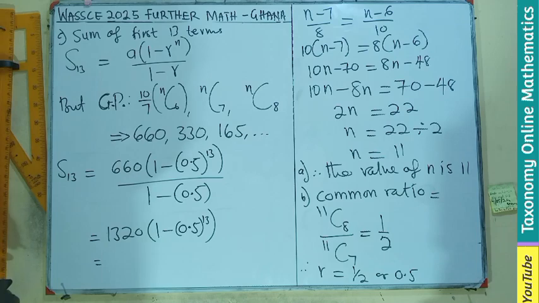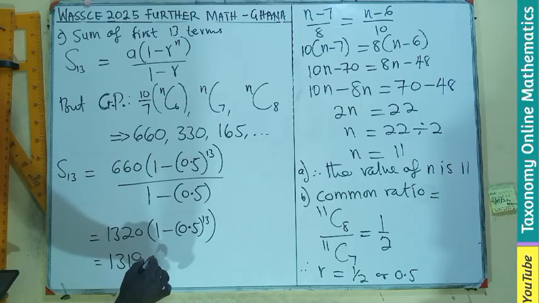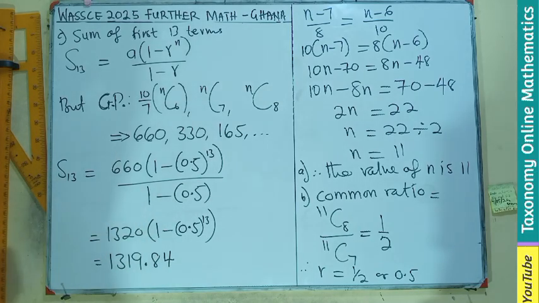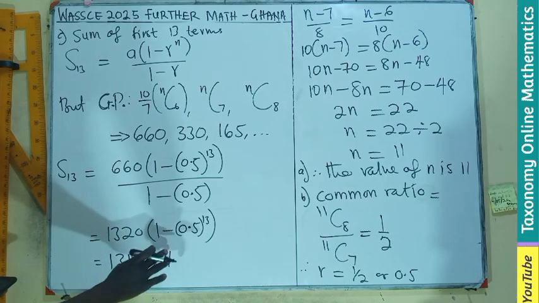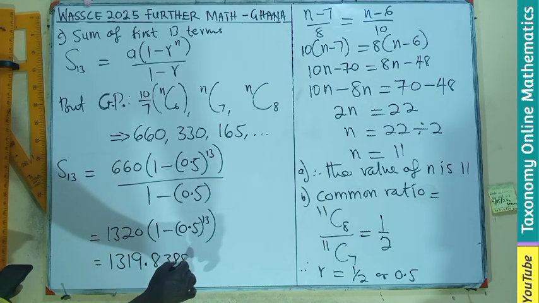If you put it all in the calculator, we should be having 1319.84 if we are going to use decimal places. We're not given any specific decimal place to work with, so we can still have it in more than that. If more than that, it should be 388.